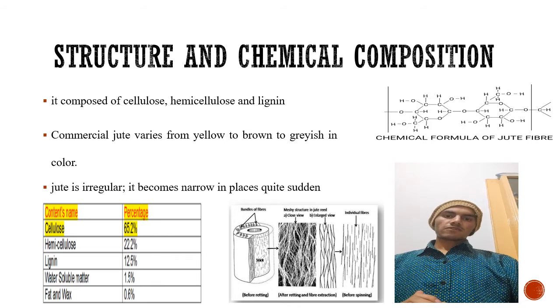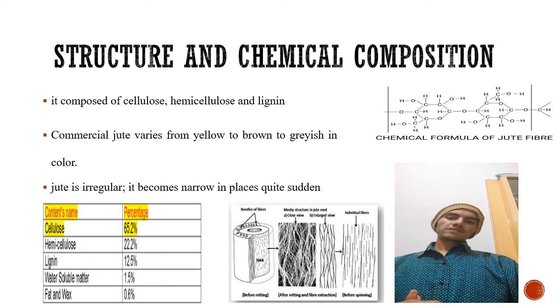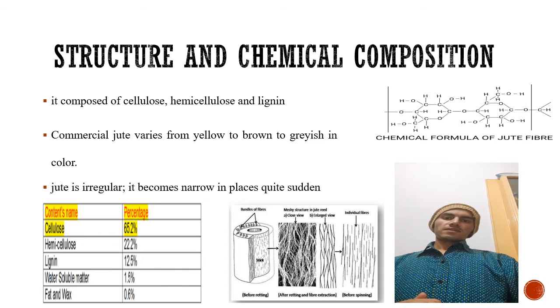There is also a chemical formula of jute fiber, and a table of its components showing the percentage of these compounds. Cellulose is the highest at 65.2%, then hemicellulose 22.2%, then lignin 12.5%, water soluble matter 1.5%, and fat and wax about 0.6%.